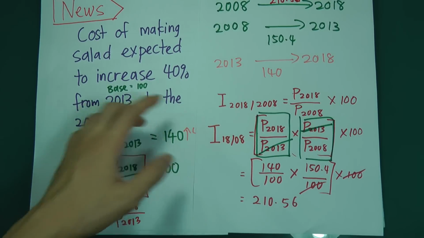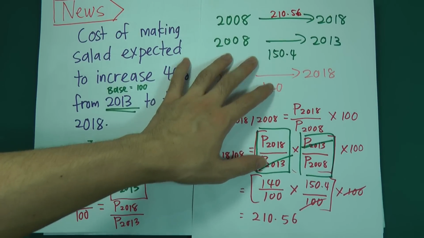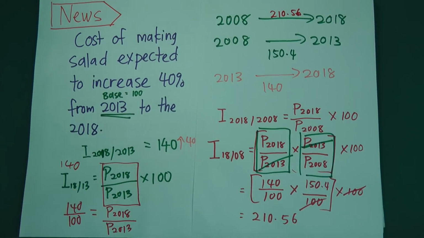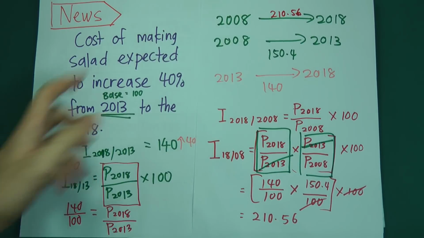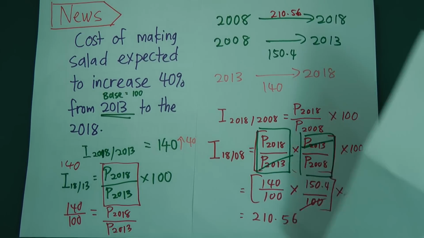Okay, it means if you compare 2008 with 10 years later, the cost of making the salads has already increased by more than 100%. So let's say you got this, and then you want to calculate the cost you're going to spend in 2018.